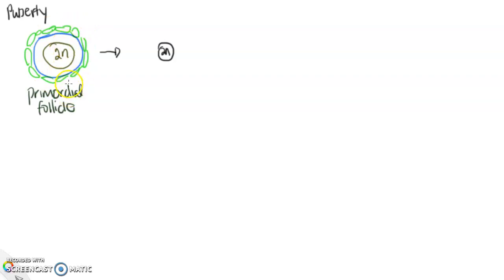And the primordial follicle then can mature into the primary follicle and secondary follicle. So we have about 20 of the primordial follicles that move up.